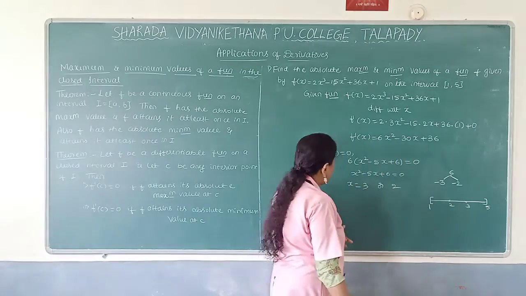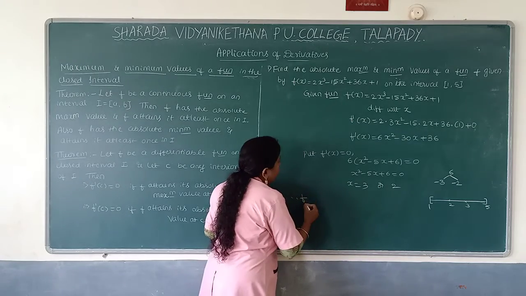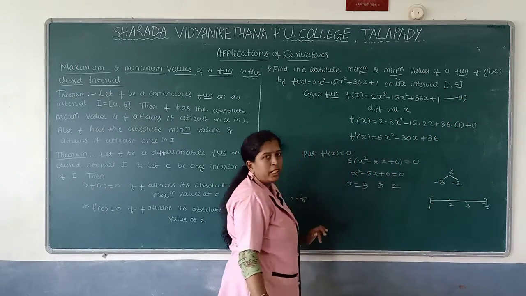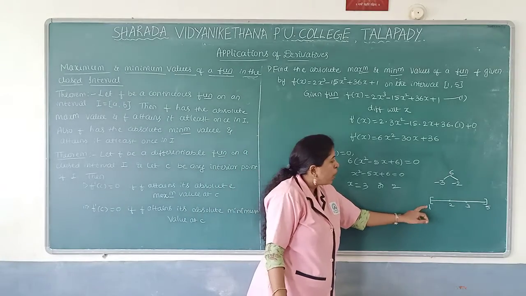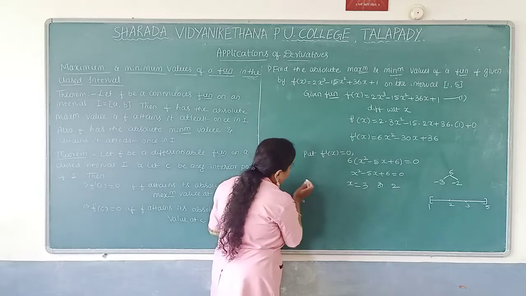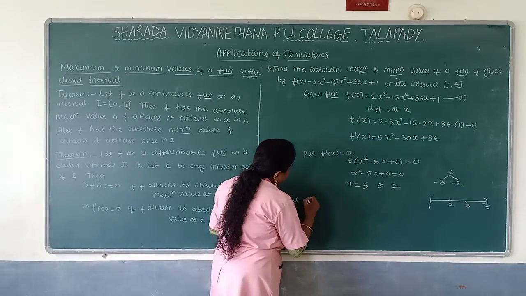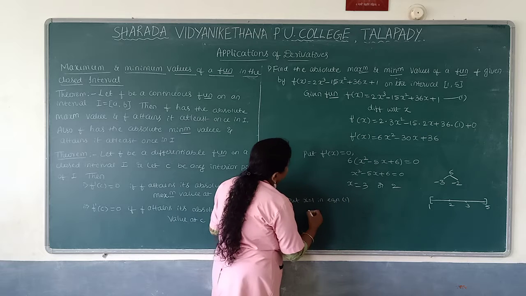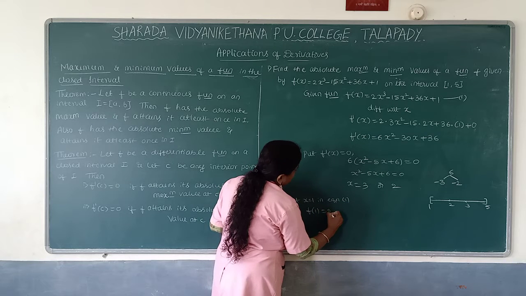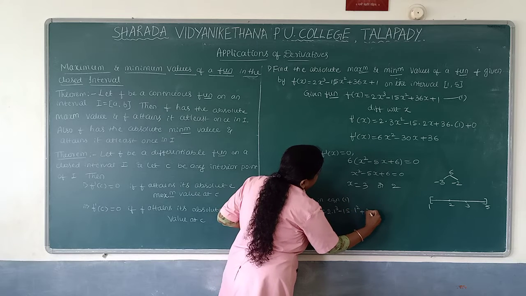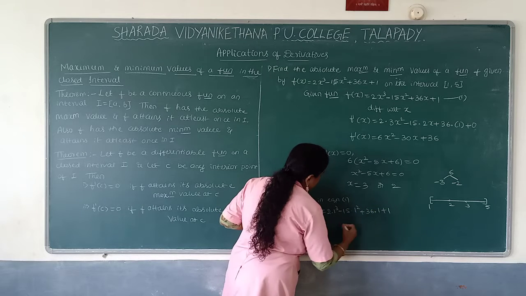It is a closed interval, so if you write the given function as equation 1, all the values 1, 2, 3, 5, we should substitute in the main function. Put x is equal to 1 in equation 1. What will we get? f of 1 is 2 into 1 cube minus 15 into 1 square plus 36 into 1 plus 1.